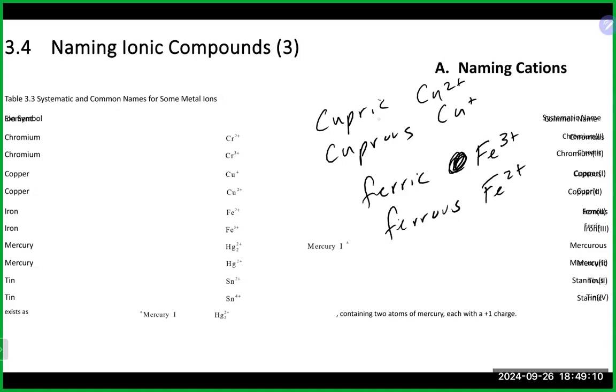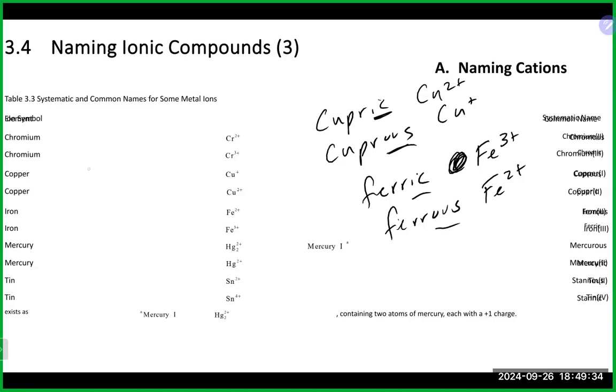So the old way of naming is the old school name, and it either ends in ic or ous. The one that ends in ic is the one that has the higher positive charge, and the one that ends in ous is the one with the lower positive charge. You can remember that you feel icky because you ate too much, so it has the higher charge. But we will not use that.